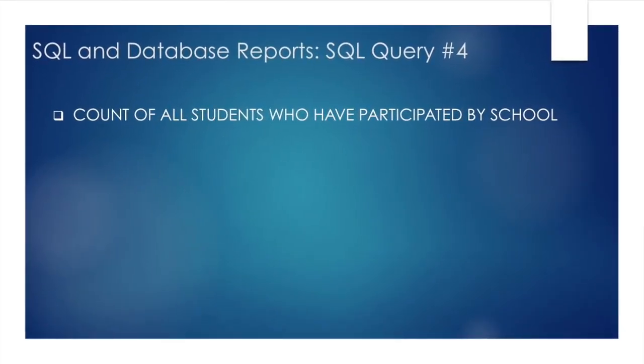Finally, you should know that SQL can do more than just display data. It is also possible to perform operations on the data to make it more meaningful. For example, the library staff may want to know how many children have historically participated by school. Maybe they will use this information to do more targeted marketing of the program at poorly represented schools.